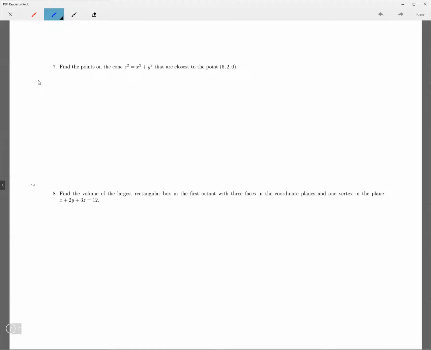Okay, so here, the distance between a point and (6, 2, 0) is going to be the square root of (x minus 6) squared plus (y minus 2) squared plus z squared.